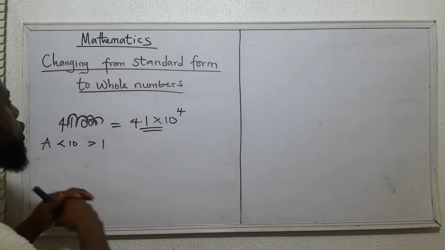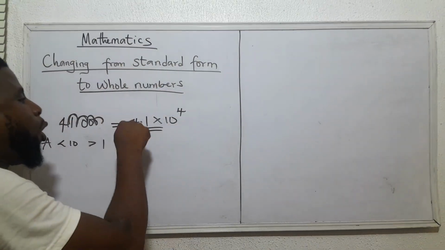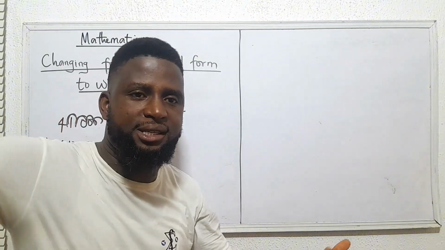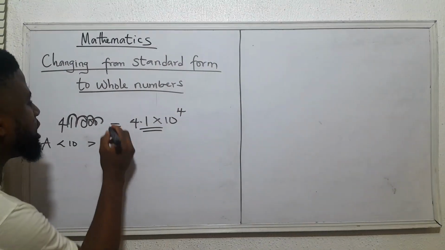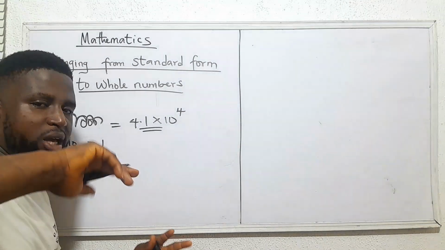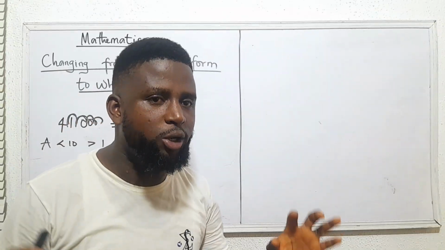Now, to convert from standard form back to whole number, we do the opposite, the reverse, right? That is, instead of our decimal point moving backward, our decimal point moves forward, right? What does that mean?